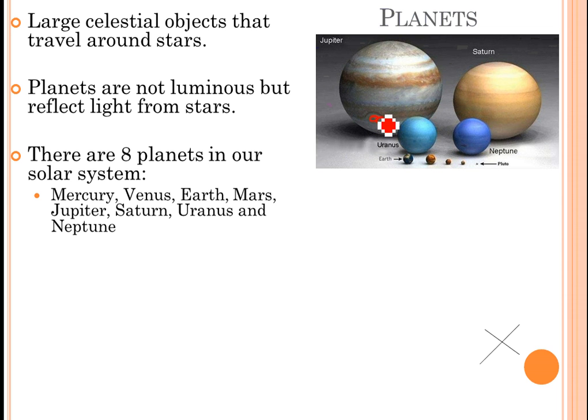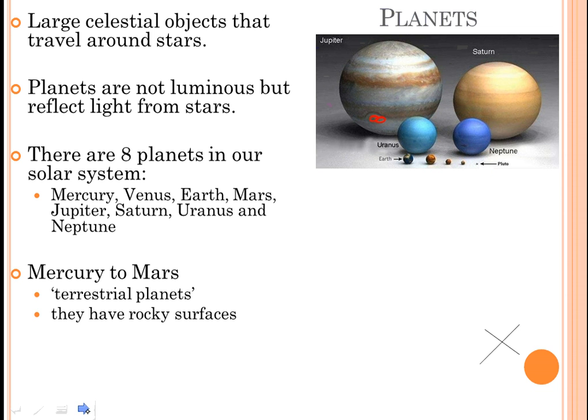So Earth is definitely very, very small compared to the size of Jupiter, and even Saturn, Uranus, and Neptune. Those are large as well. And then if you look right here, right under that red dot, that would be the size of Pluto, even though it's not considered a planet anymore. But now you can see why it's considered a dwarf planet, because it is so tiny.